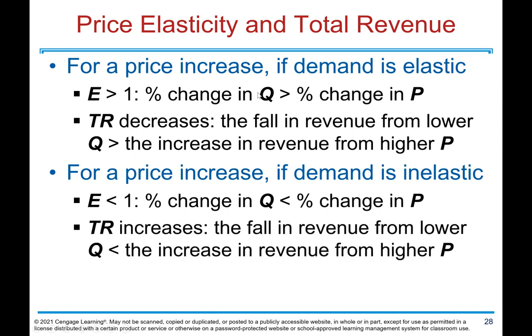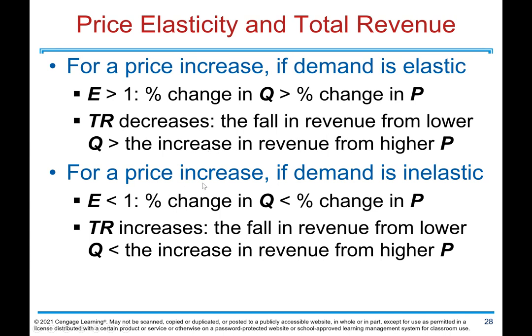Price elasticity and total revenue. For a price increase, if demand is elastic, elasticity coefficient is greater than 1. That means percentage change in quantity is greater than percentage change in price. Total revenue decreases. The fall in revenue from lower quantity is greater than increase in revenue from higher price.